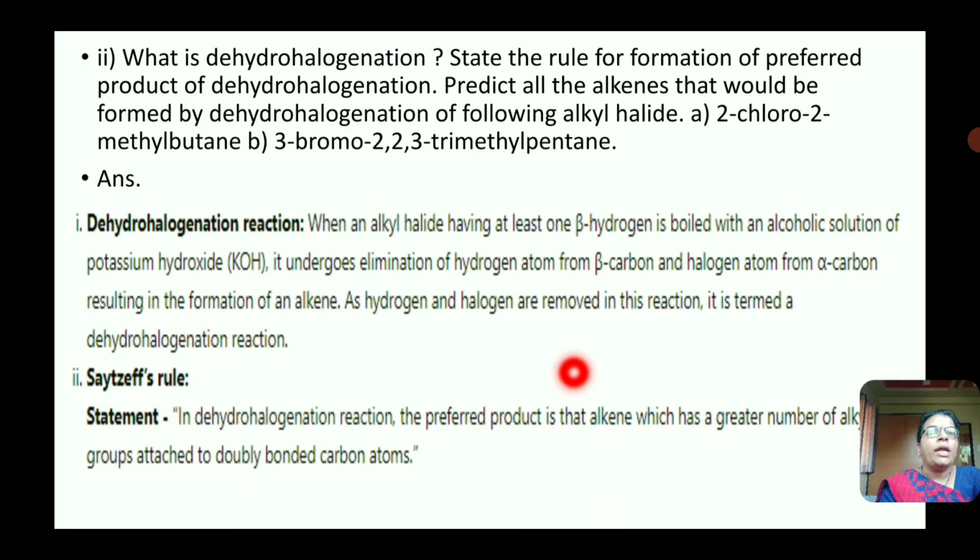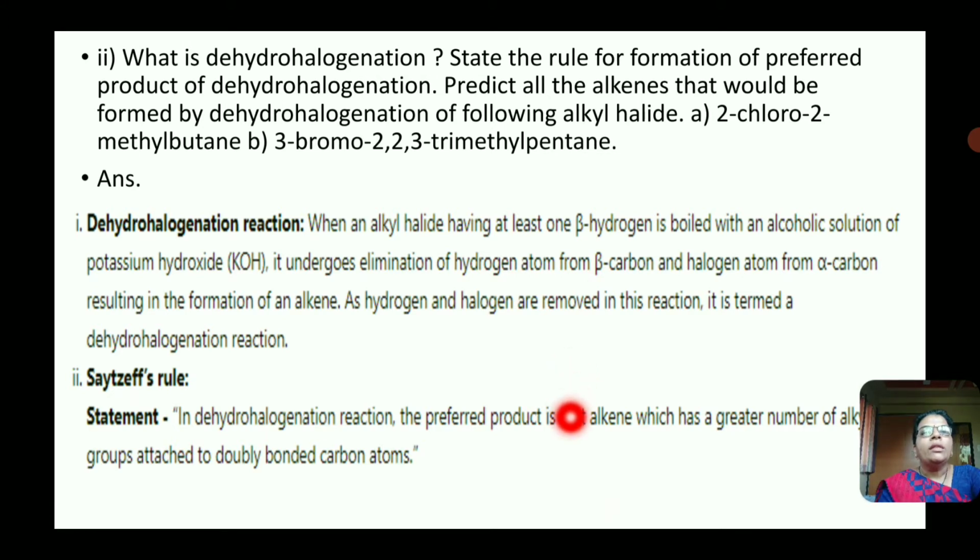That is, during the dehydrohalogenation reaction, the beta hydrogen atom and halogen atom from alpha carbon atom are removed by the action of alcoholic alkali like potassium hydroxide.